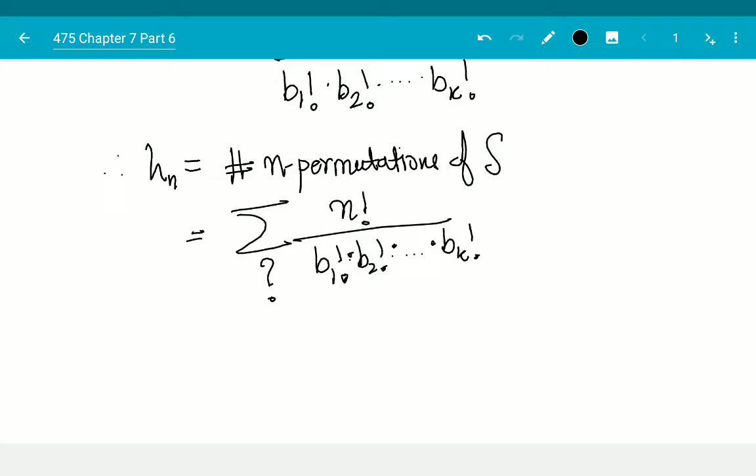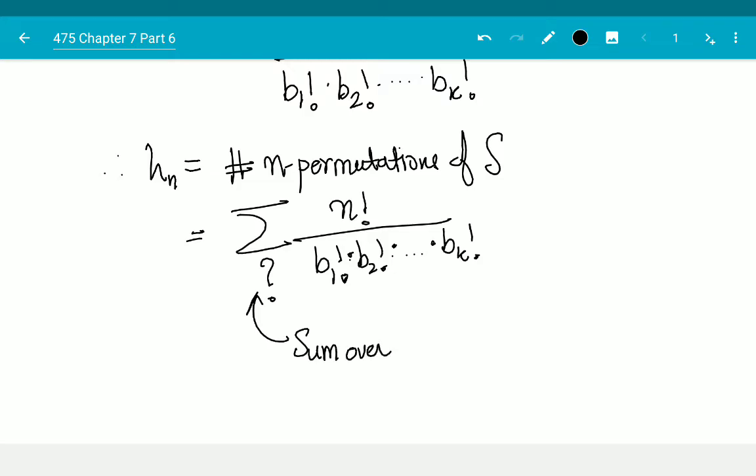Right? And now what is this summation over? What is this question mark? This is the sum over all the ways of finding my b1 to bk, all the sequences.